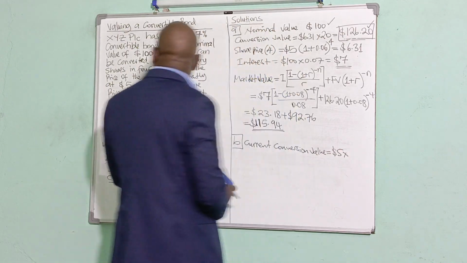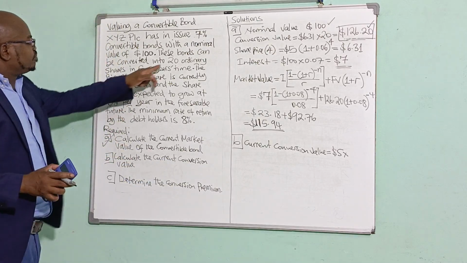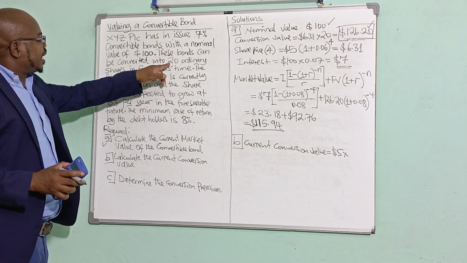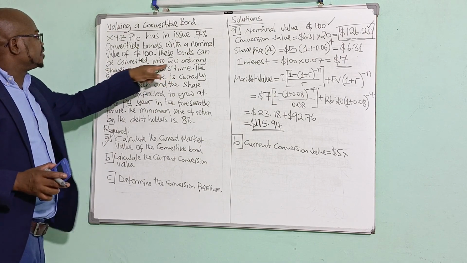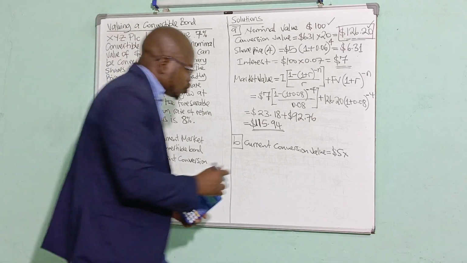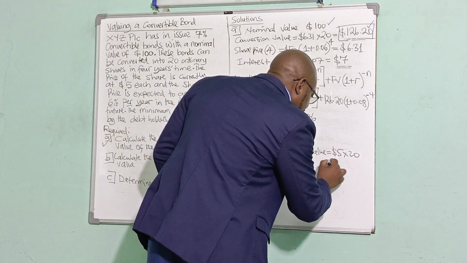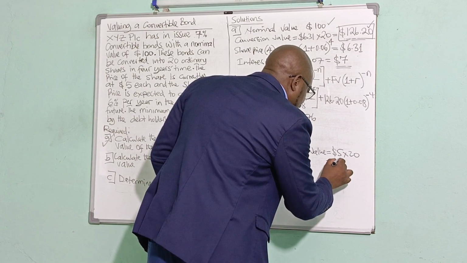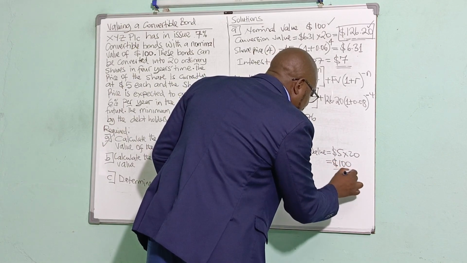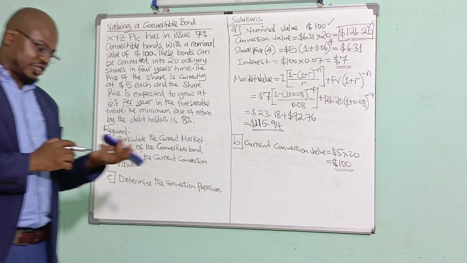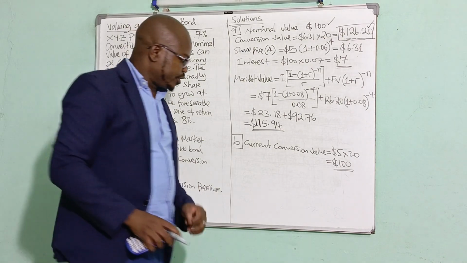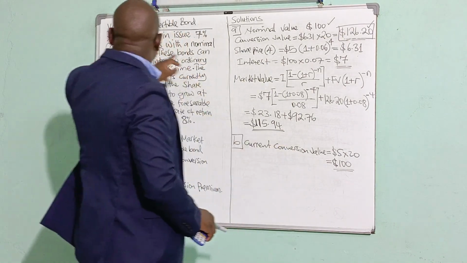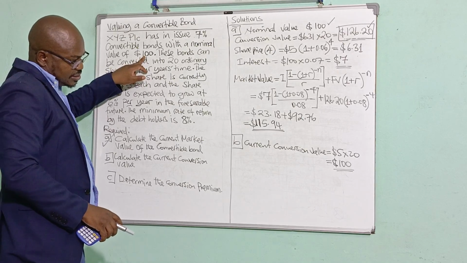$5, and then I'll multiply the $5 by the number of shares that we are to convert into. So these bonds can be converted into 20 ordinary shares. So I'll put the 20 there. Then I have the $100 here as my current conversion value. All right. Now, caution. This $100 is not the same as this $100.